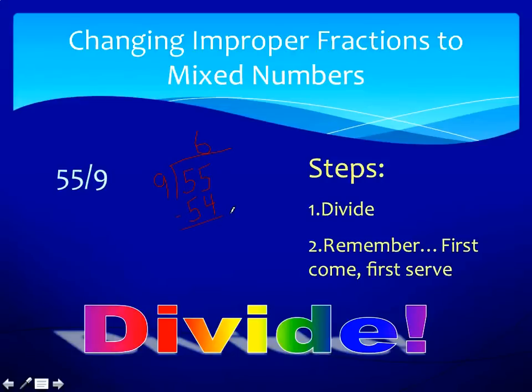I'm going to subtract like I normally would. 5 minus 4 is 1. 5 minus 5 is 0. Whatever you have left over becomes the numerator in the fraction of the mixed number, and then the denominator is the number that was outside. So 55/9 is the same as 6 1/9.